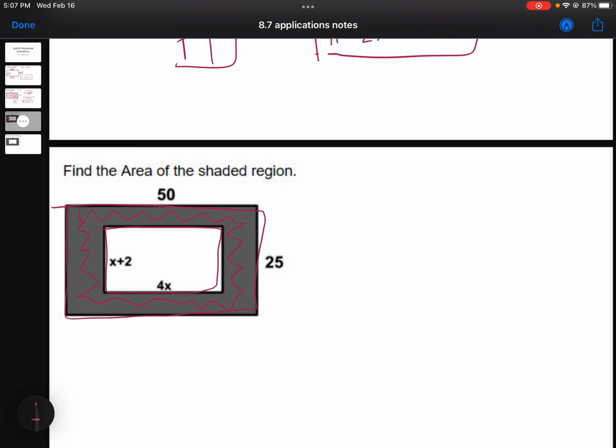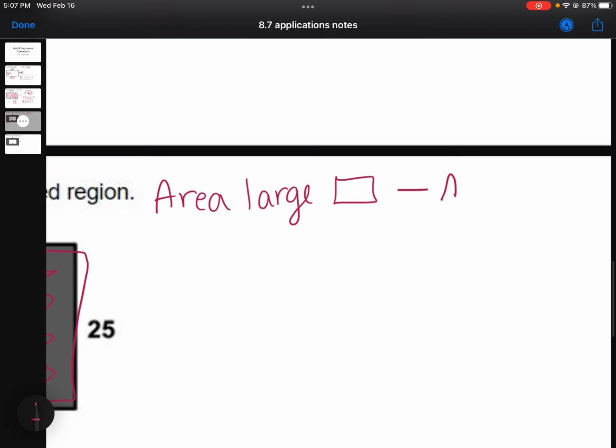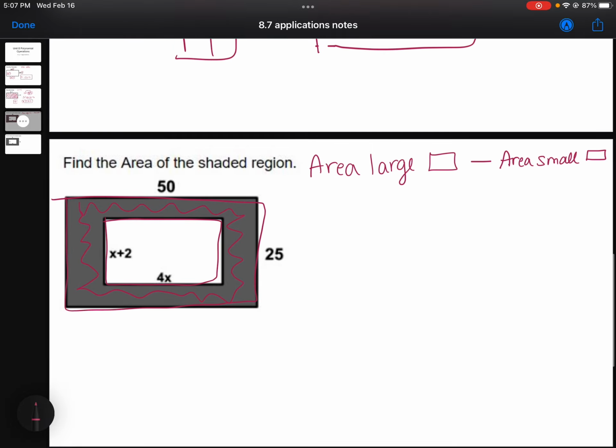So to find the area of only the shaded region, I'm going to find the area of the large rectangle and subtract the area of the small rectangle. So for the large, our length and width are 50 and 25.